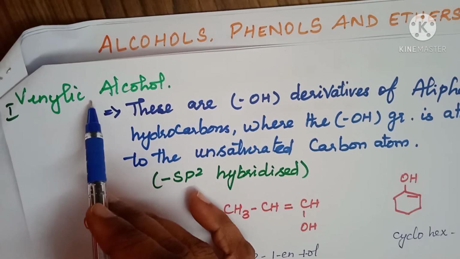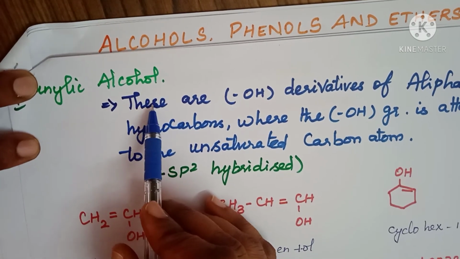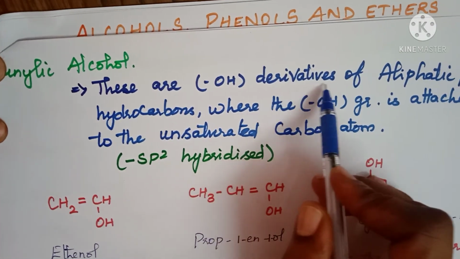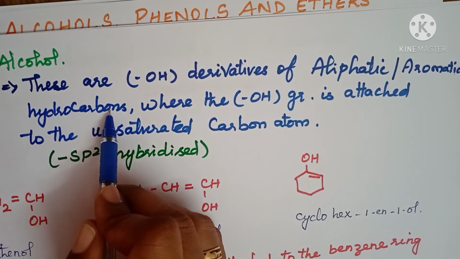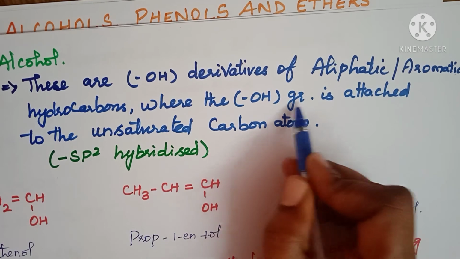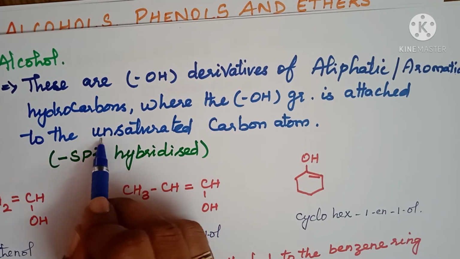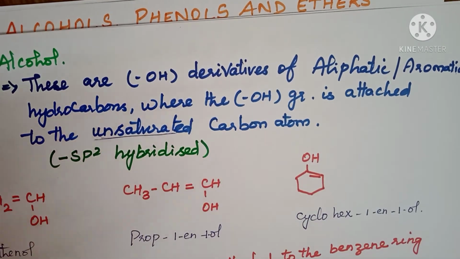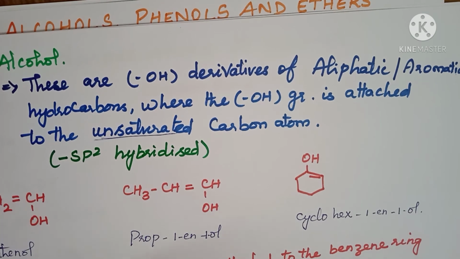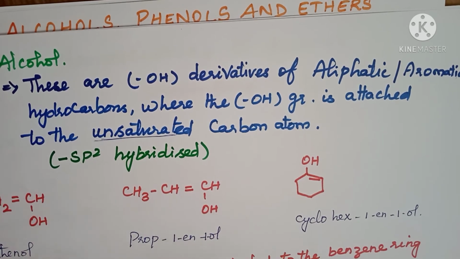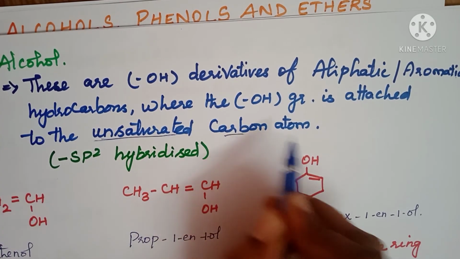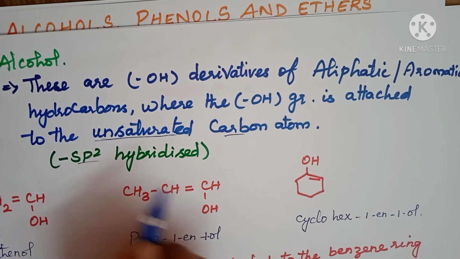Okay, vinylic alcohol we are going to discuss. These are OH derivatives of aliphatic or aromatic hydrocarbons where the OH group is attached to the unsaturated carbon. So whether it is aliphatic or aromatic, it does not matter. But where the OH group is attached is very, very important. So that is sp2 hybridization.